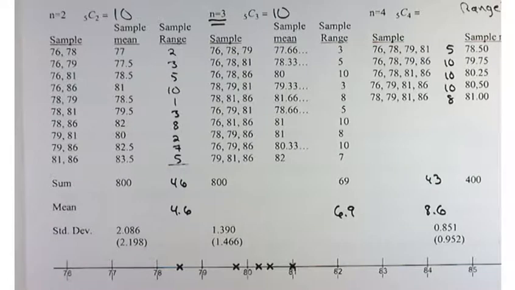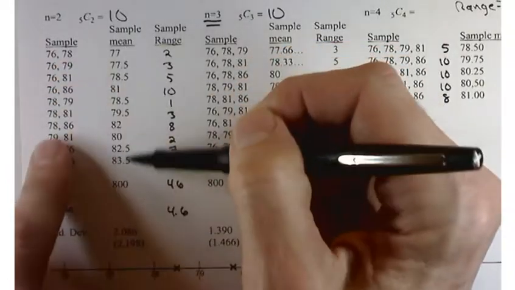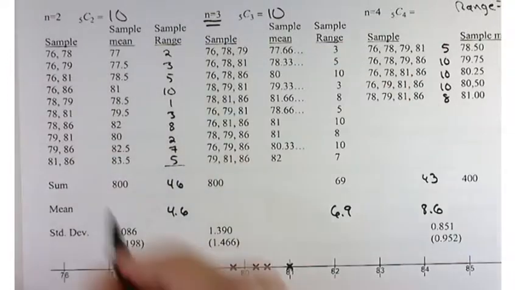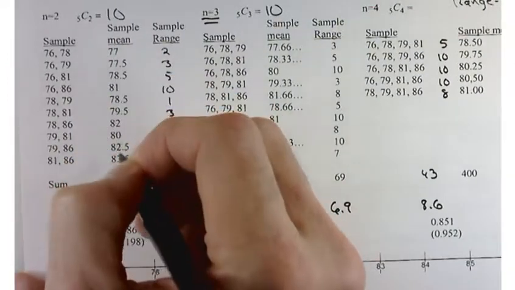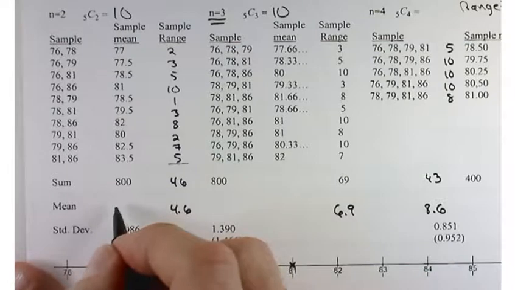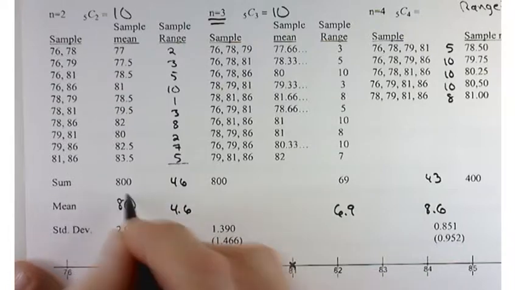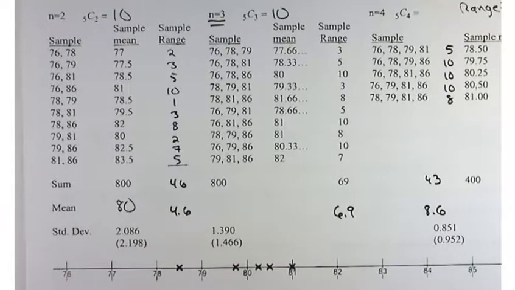Let's look at the mean, the sample mean, and see how that does. So for all these samples of size 2, here are your various sample means. If I add up all these, what's the average sample mean? 80.